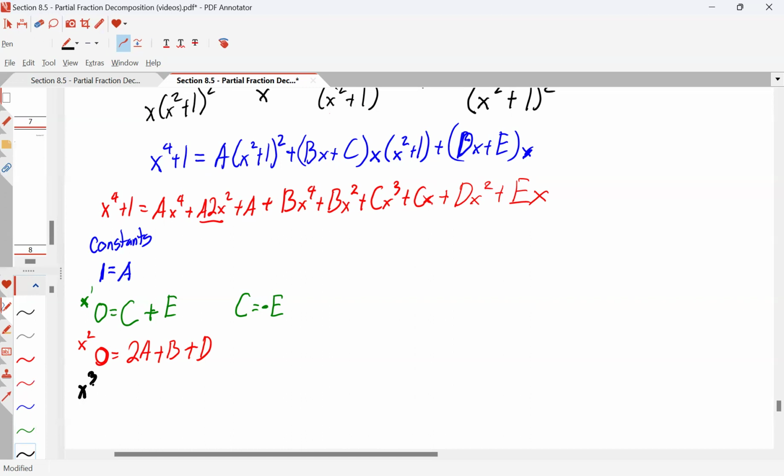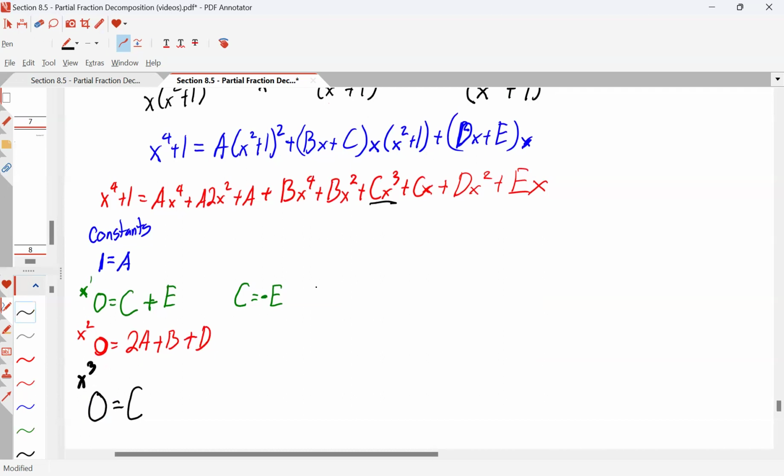X cubed terms. Again, still no x cubed on the left-hand side. Going down the line, we have a c, and that is it. So c equals 0. Remember this piece of information back here?